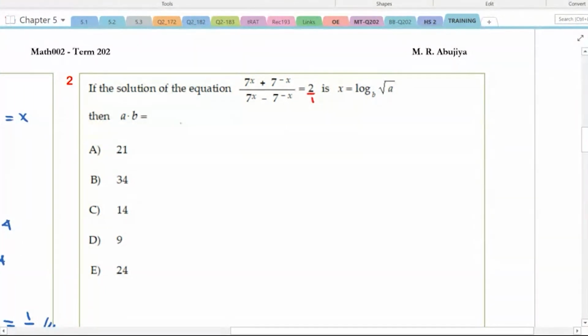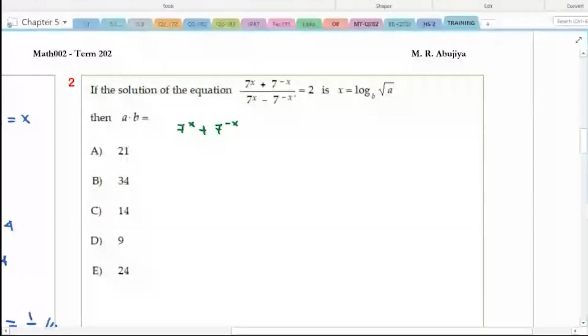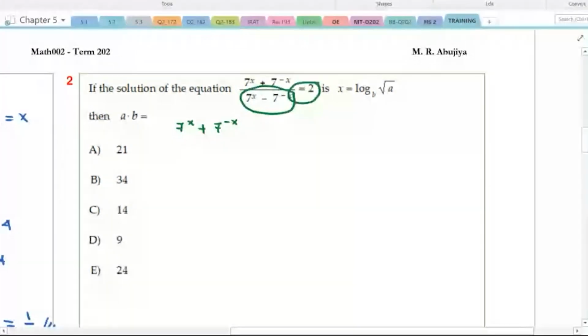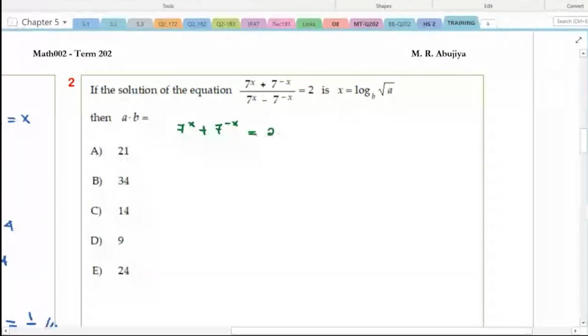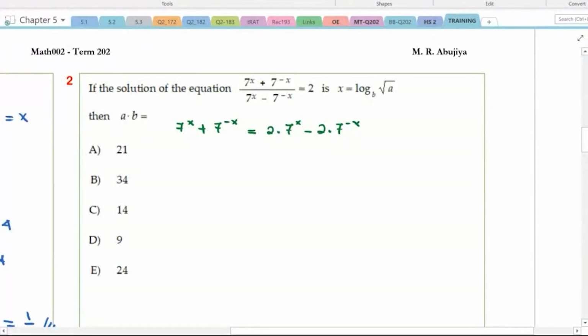Numerator, we have 7 to the power of x plus 7 to the power of minus x. Now here, multiply this denominator with 2. What do we get? This will be equal to 2 multiplied by 7 to the power of x minus 2 multiplied by 7 to the power of minus x.